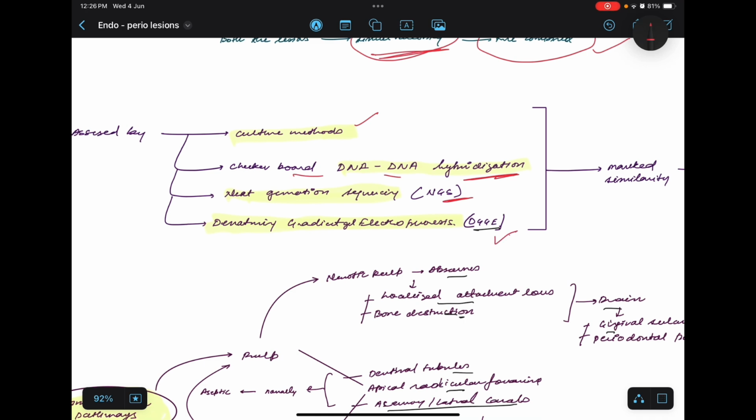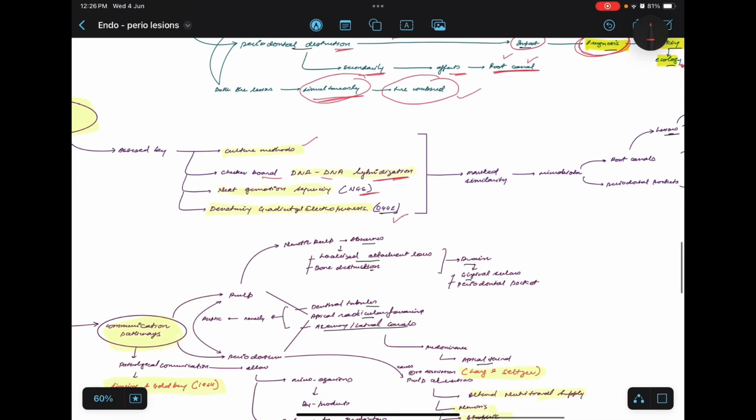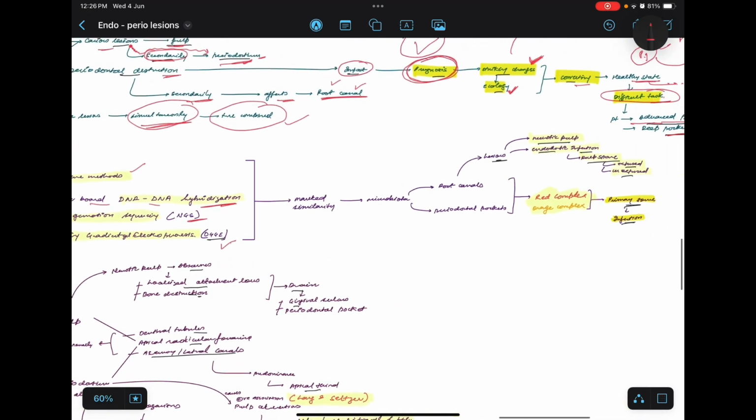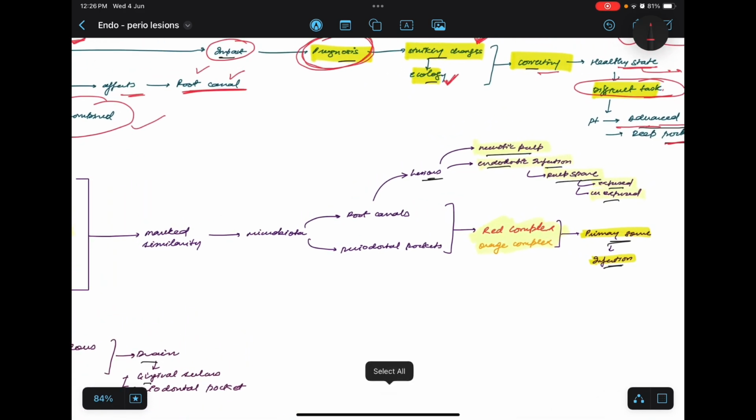These are all sophisticated methods to study the microbiology of your lesion. What has been observed is a marked similarity in the microbiota of root canals and periodontal pockets. This is very obvious, it actually makes sense, because root canals and periodontal pockets are in communication. They're not isolated, they are communicating with each other.